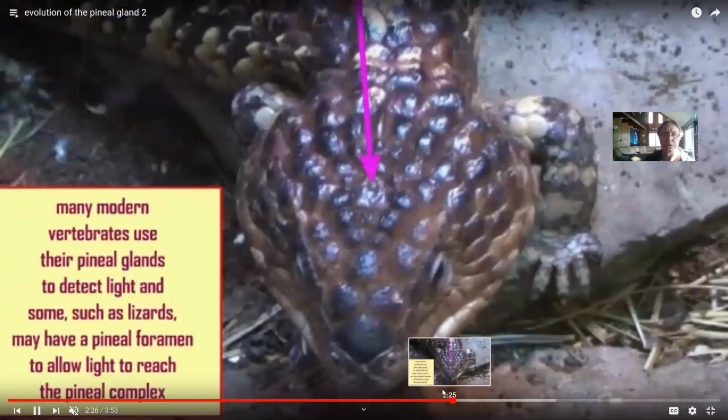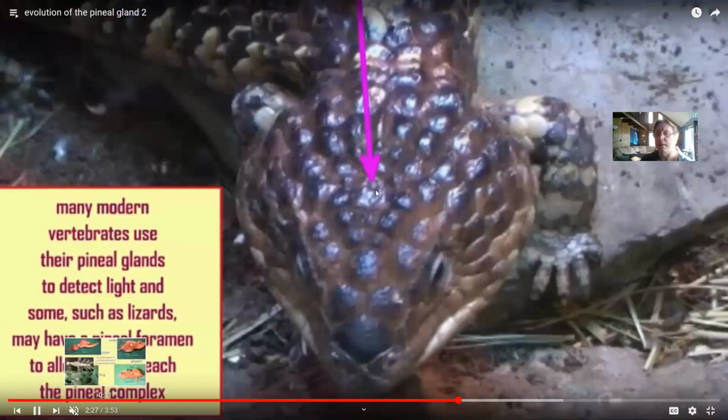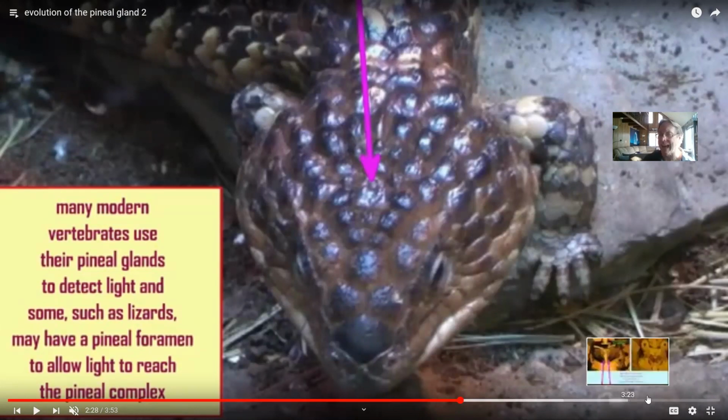So many modern vertebrates are still using their pineal glands to detect light, such as lizards. So there you could actually see, here's the opening at the top of the head where light comes in and stimulates the pineal gland. There are some fish, which even though they don't do this as adults, as larvae are using their pineal glands to detect light.